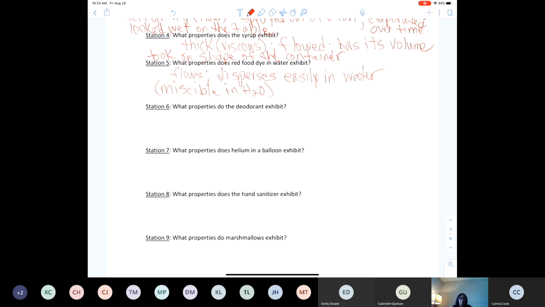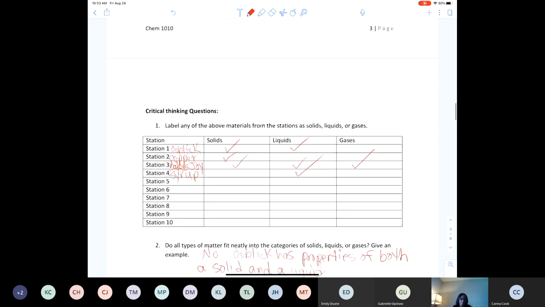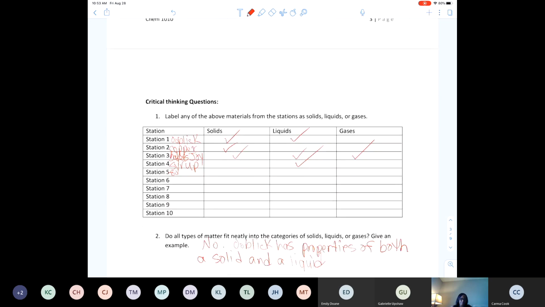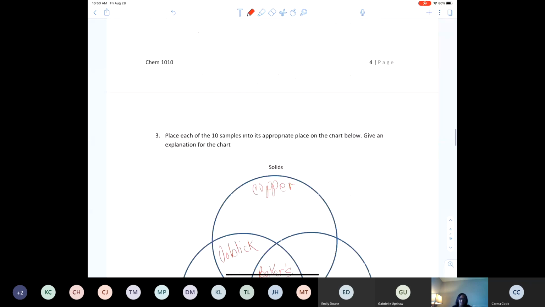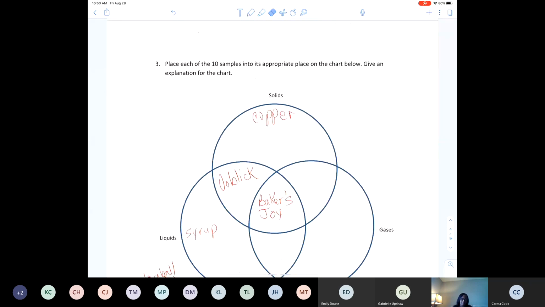So where are we going to put the red food dye? I would put it strictly in the liquid category. Does anyone disagree? Nope.